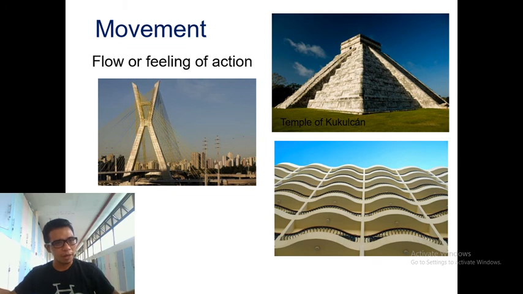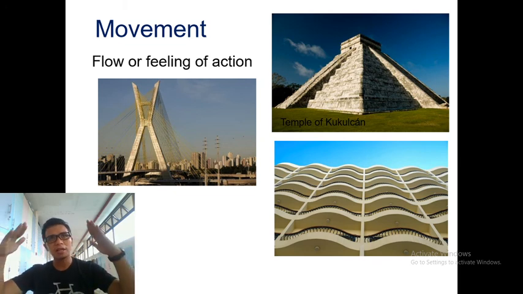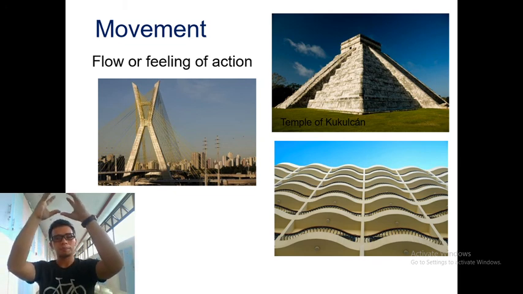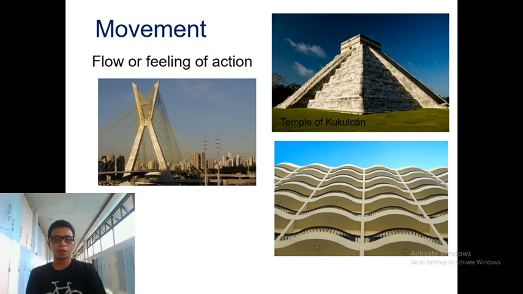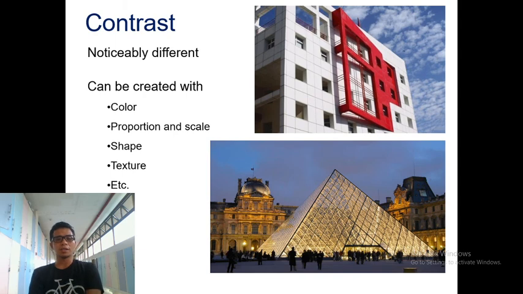So movement, ano movement? From ground diagonally to the topmost portion. So ito naman, titingnan mo itong structure na to, yung facade niya, parang nagmumove ang mata mo. Parang dinadrag yung attention ng mata mo to wave. So may movement. Okay, now contrast.